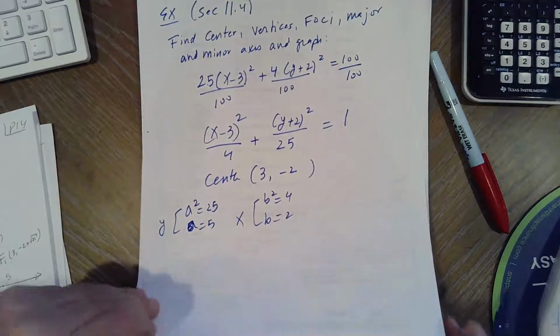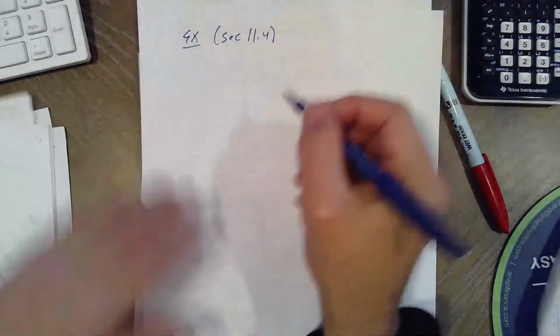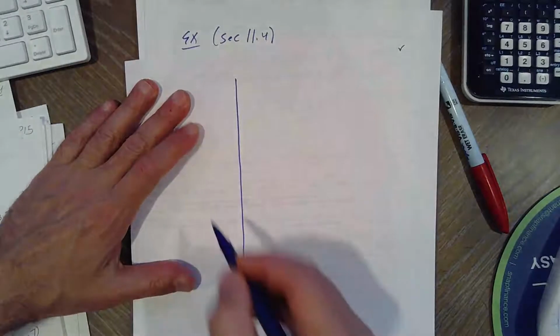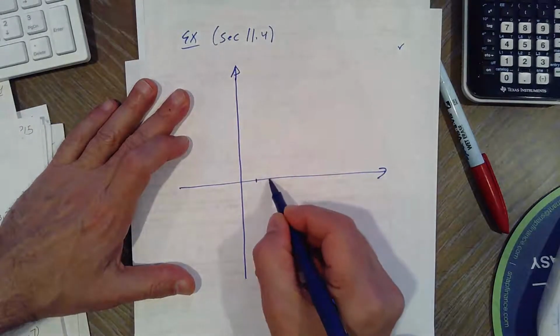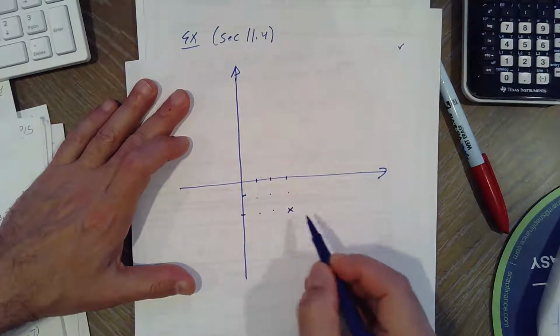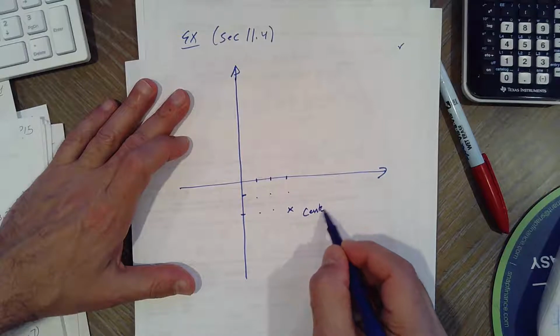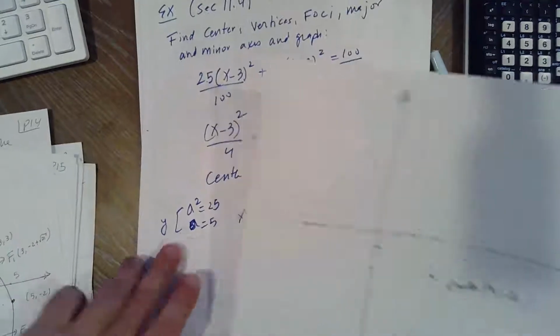So if we want to graph this, starting at the center, 3, negative 2. A is 5, it's a y value.